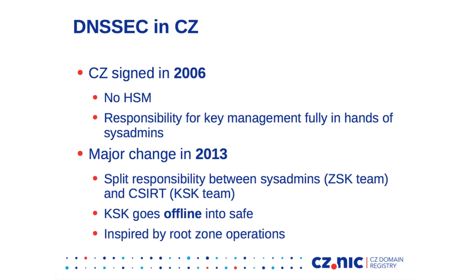So we didn't start with HSM, and the responsibility for all the keys was fully in the hands of our sysadmins, which we thought definitely was not a good idea.